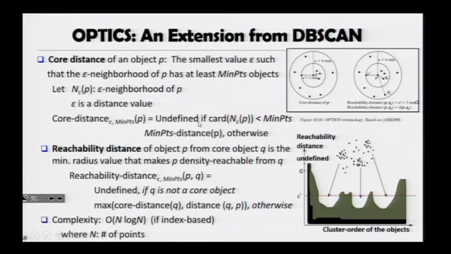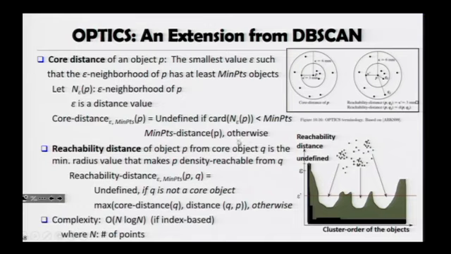On the other hand, if P is indeed a core point, then the core distance is defined as the smallest epsilon you can draw that contains at least the minimum number of points, as this epsilon prime here.